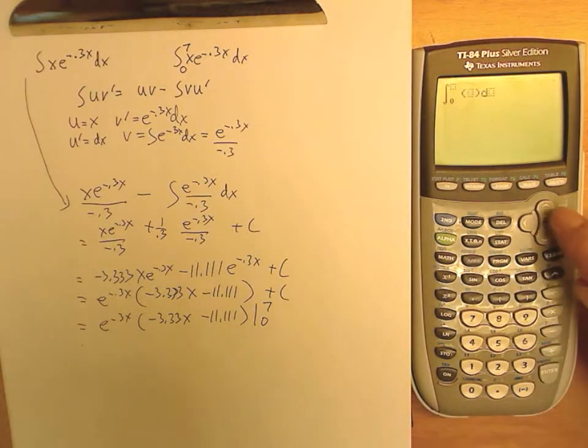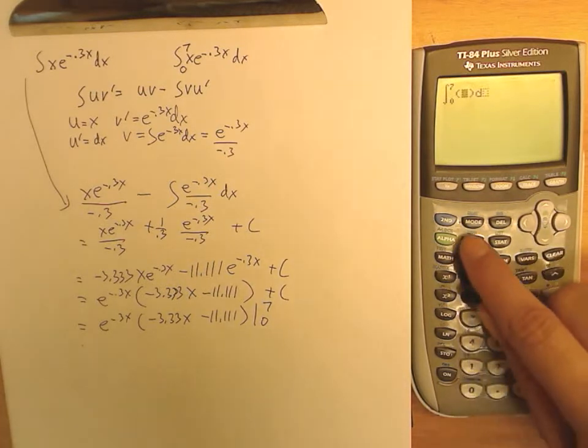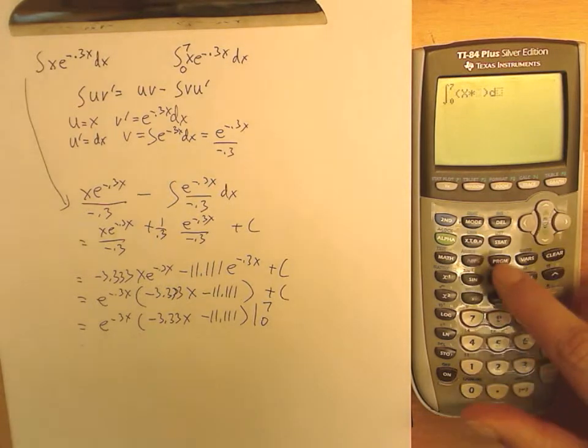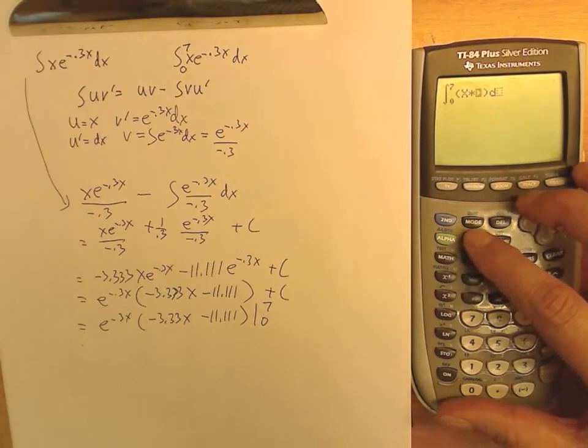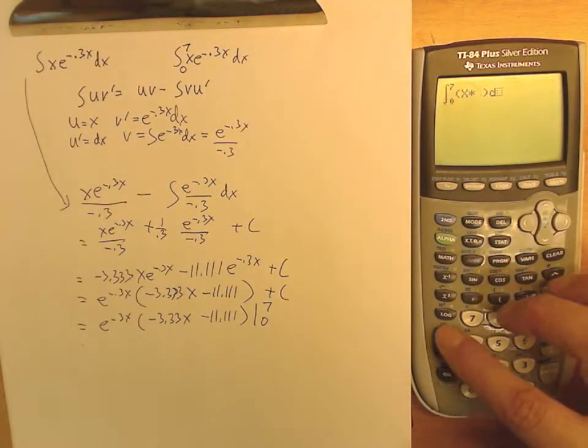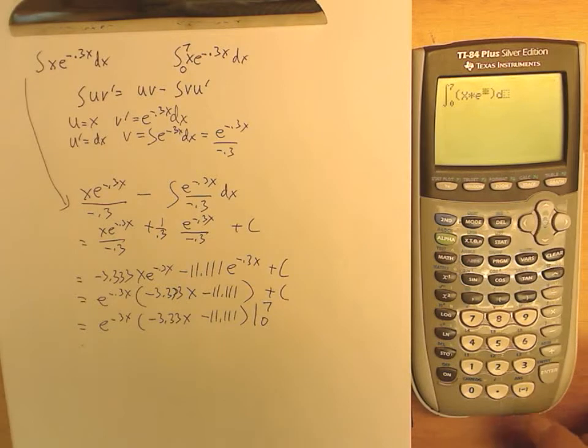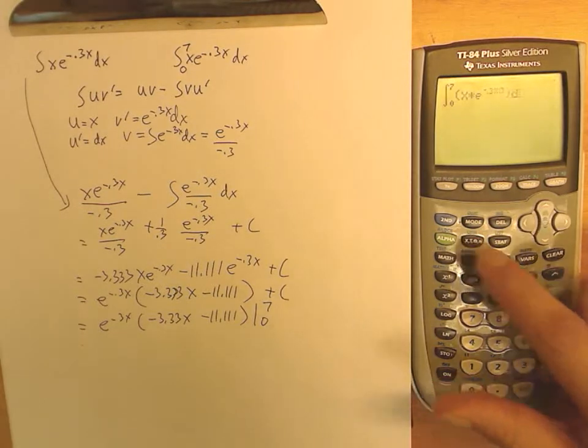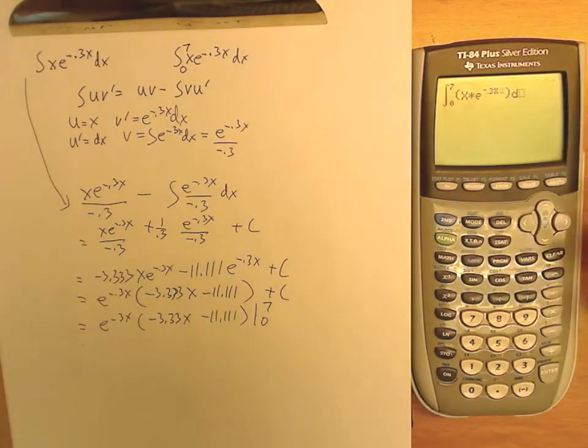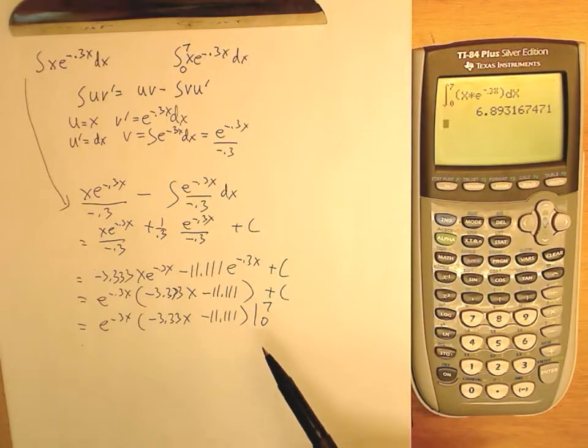So I'll put a 0 and a 7 up there, integral from 0 to 7, x times e to the negative 0.3x dx. And if I hit enter, it'll integrate in a pretty version as well. Hopefully it'd agree with my other integral. And naturally, that should be the same answer I get plugging in 7s and 0s here as well.